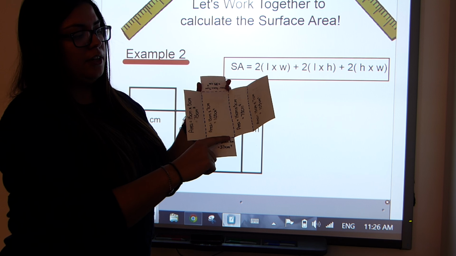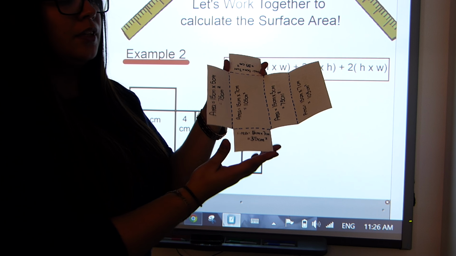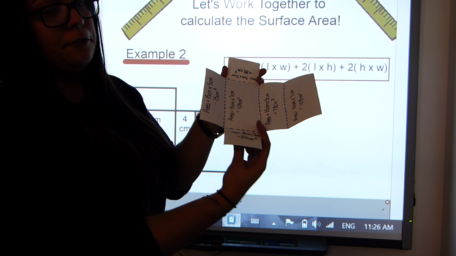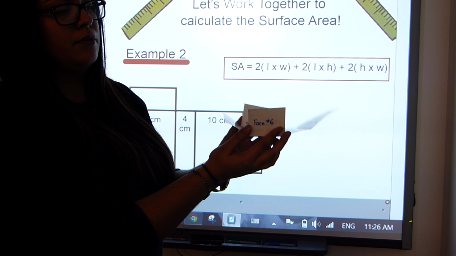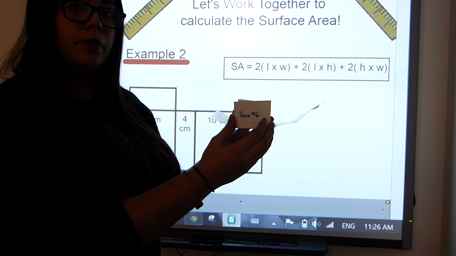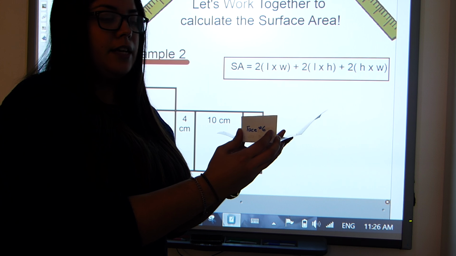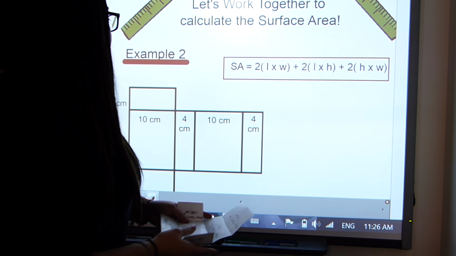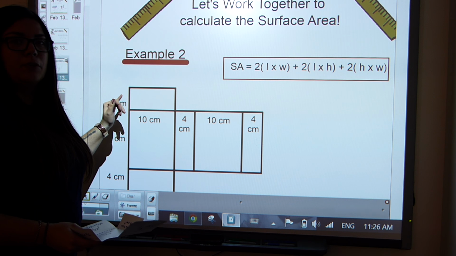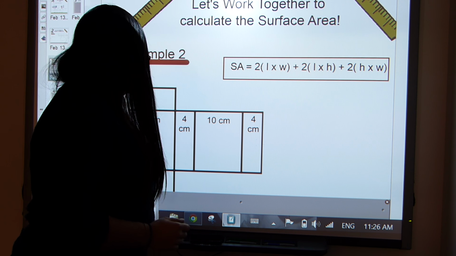So if you see the dotted line here, that's the part that folds up. So if it's folding up and you have a part of the rectangular prism going straight up, that tells you that that's your height. So your height for this question would be 4 centimeters. So we're just going to write that down.